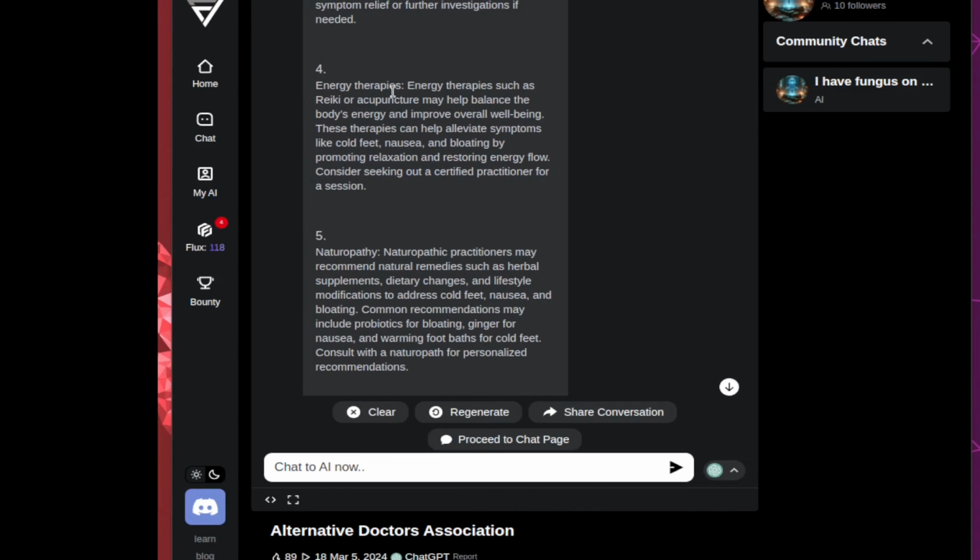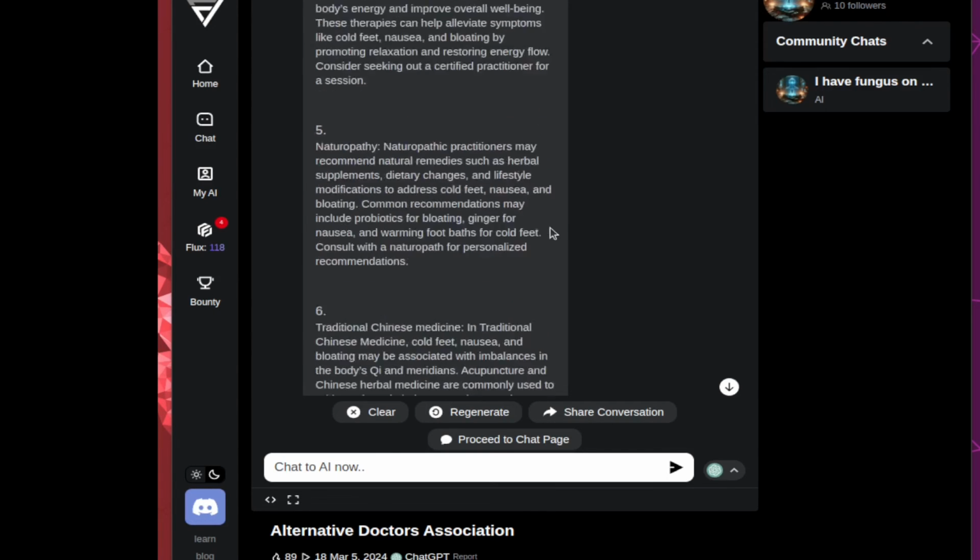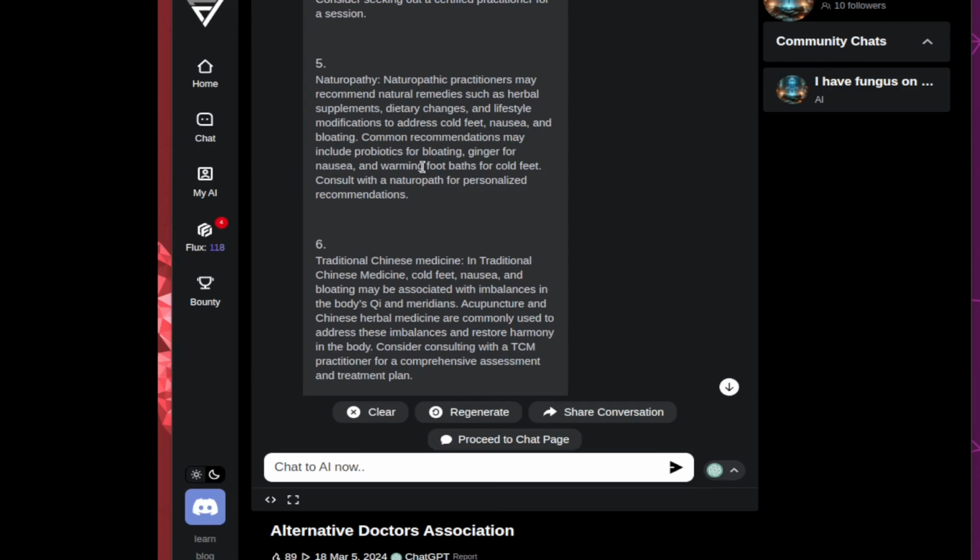So fourth perspective, the energy therapies. So this is where you have Reiki, acupuncture. Okay, fifth perspective, that's naturopathy, which means healing things according to nature. And here they give you herbal supplements, different diets, lifestyle modifications to address these symptoms.